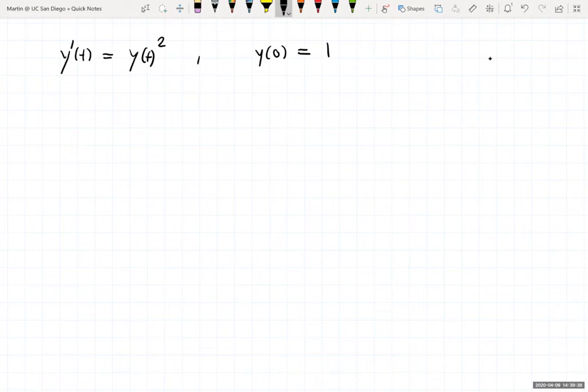Let's take another look at the differential equation y prime of t equals y of t square with initial condition y0 equals 1. We've seen that differential equation before, and we remember the solution perhaps, namely the solution of the differential equation with these initial values is y of t equals 1 over 1 minus t.